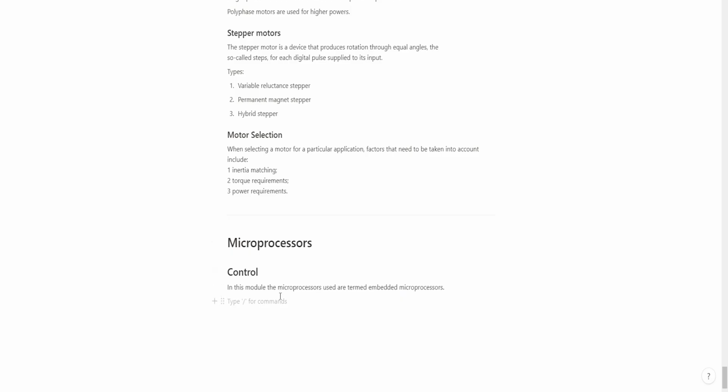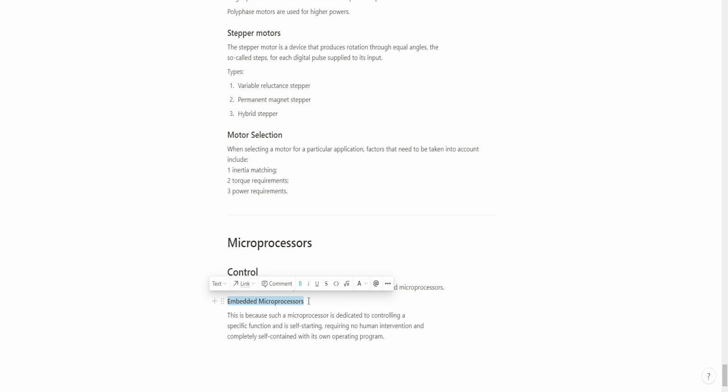So this is the definition of an embedded microprocessor.